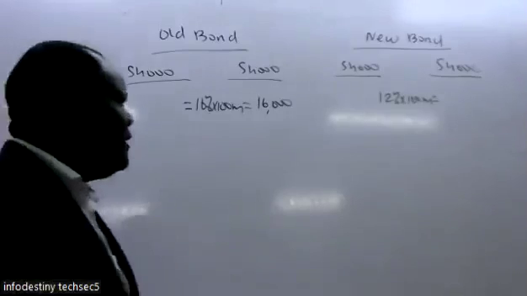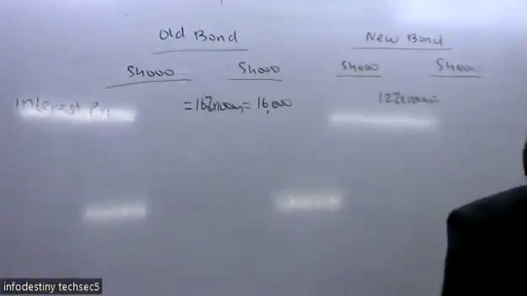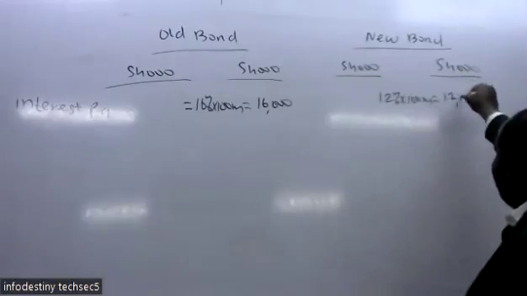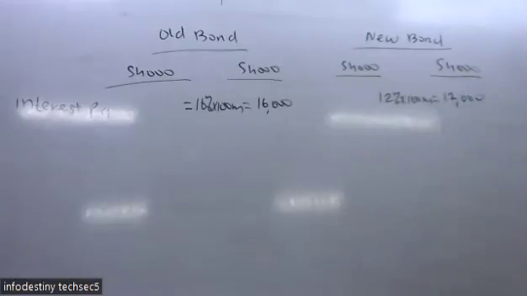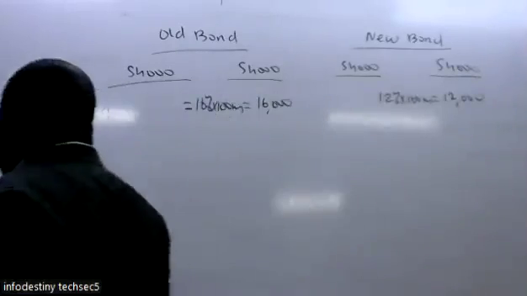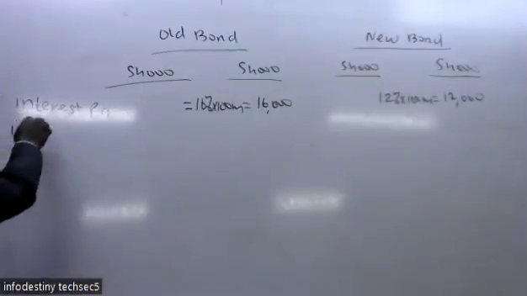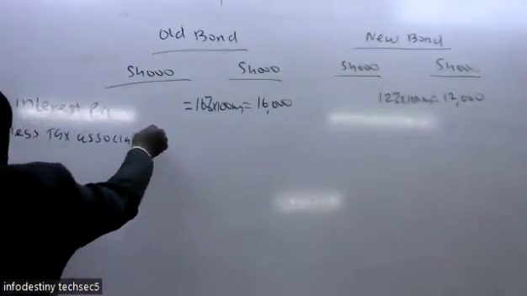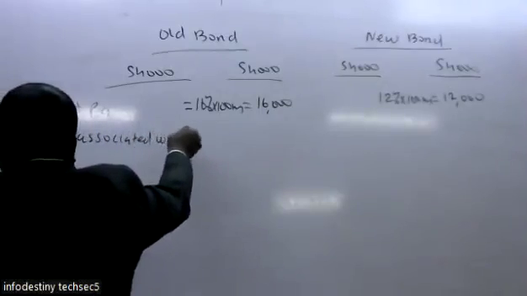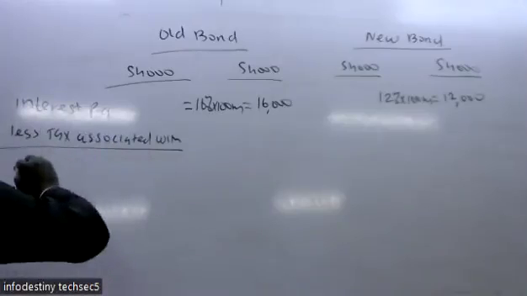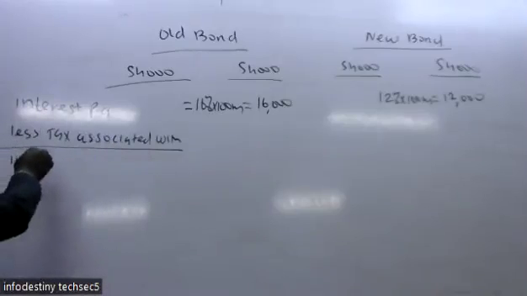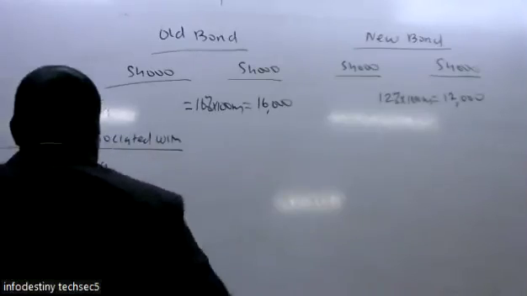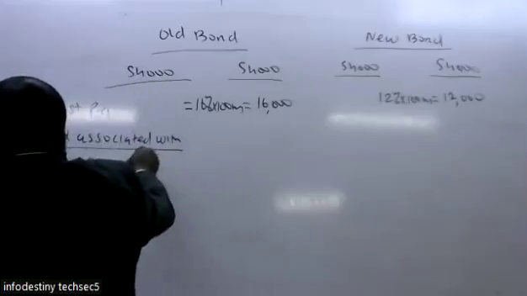So we get 12% of the 100 million, which is 12 million. Now we less the tax associated with it. So the first item will still be the interest per annum, and those figures I put under this first column.